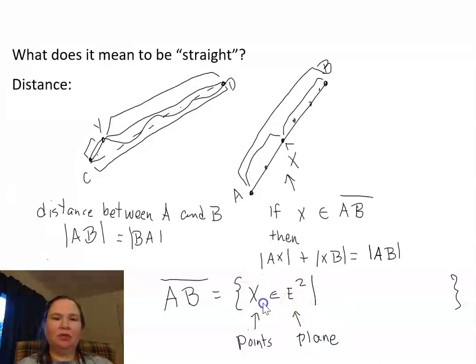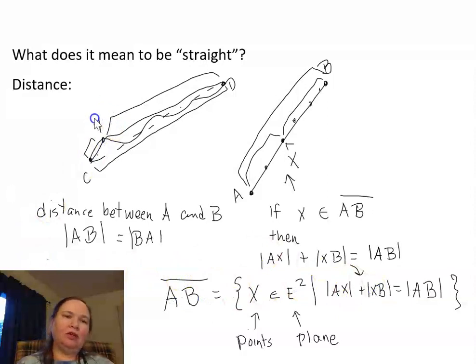So all the points in the plane that have this property. If there's a point in the plane where if I go from A to X and then from X to B, and it is just as fast as going straight from A to B, we're going to say X is on the shortest path or the straight line segment from A to B.